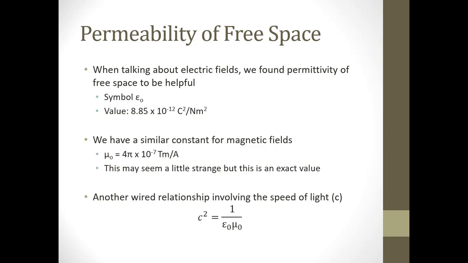It says there's a little bit more going on when we see electric fields and magnetic fields, and the fact that it relates to the speed of light is kind of odd. We'll get into that later when we talk about Maxwell's equations. It's a way of bridging electric fields and magnetic fields and showing that they are very closely related to one another.